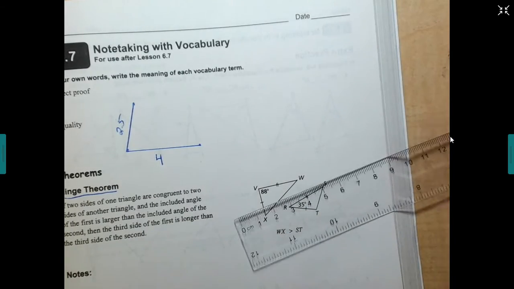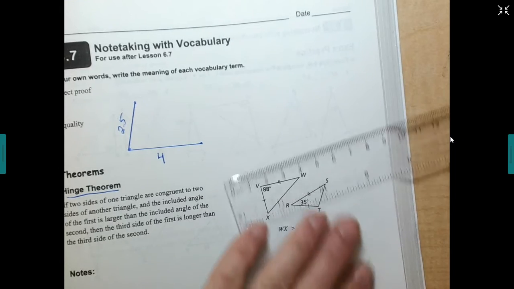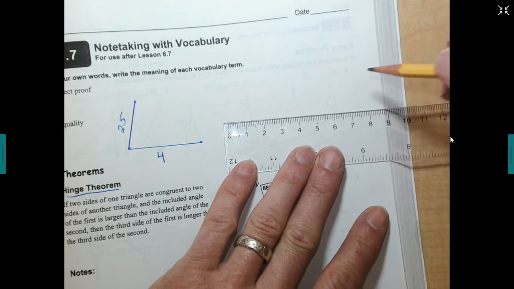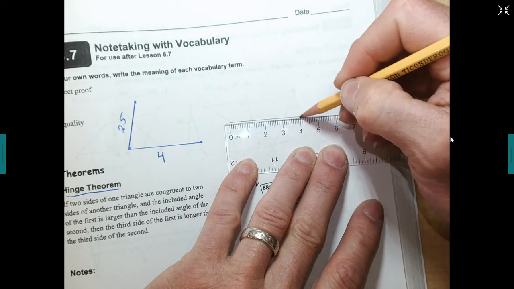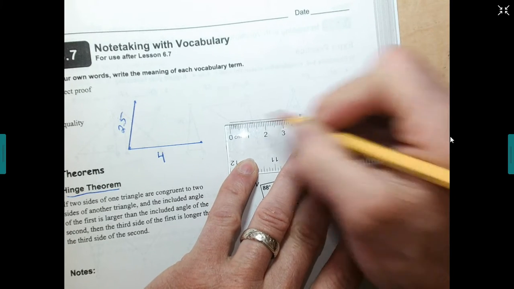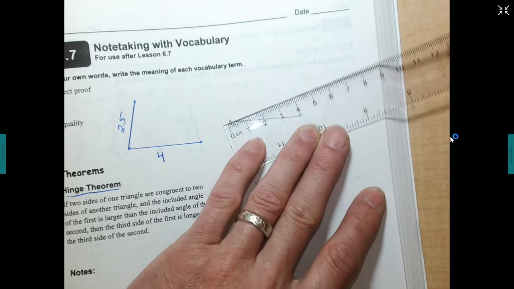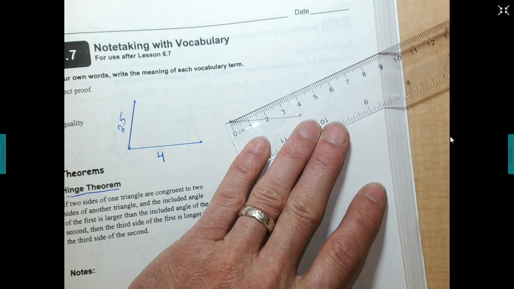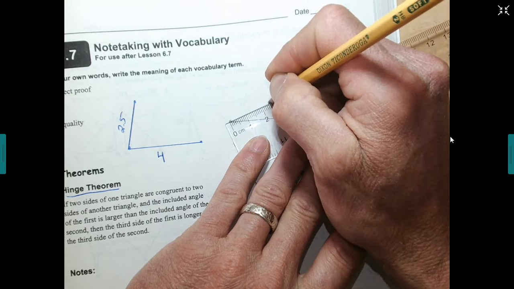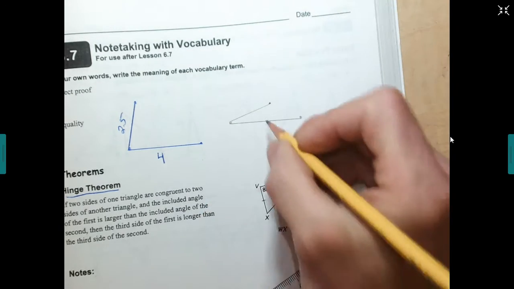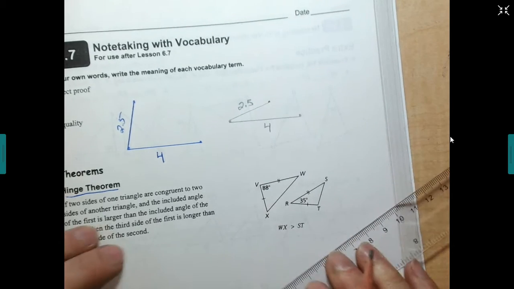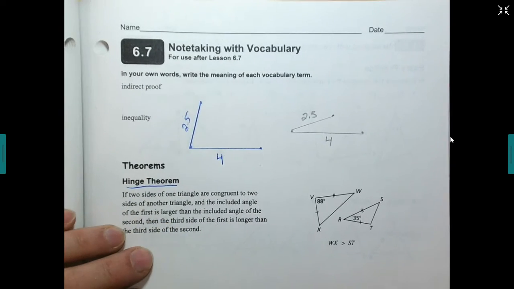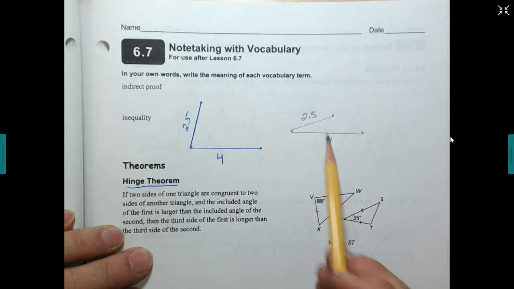And then let's say we have another triangle or another two sides. This is also 4, and this is also 2.5. So look at that. We have two sides, 4 and 2.5. They both have the same side lengths.